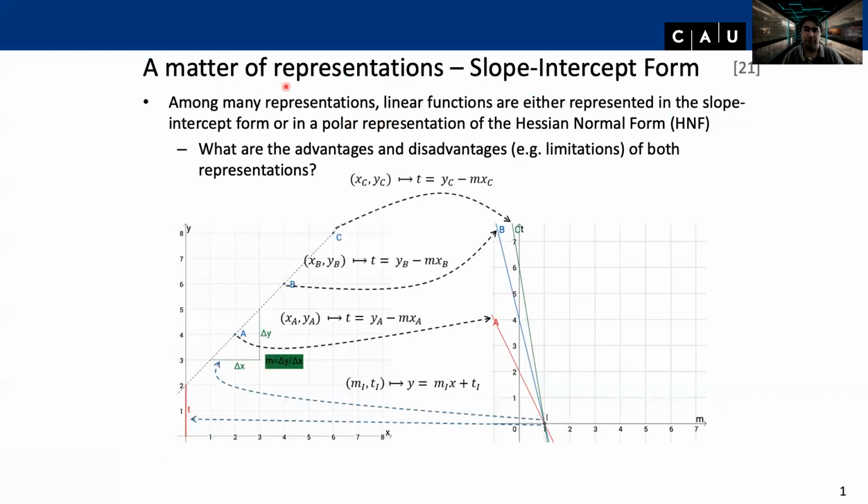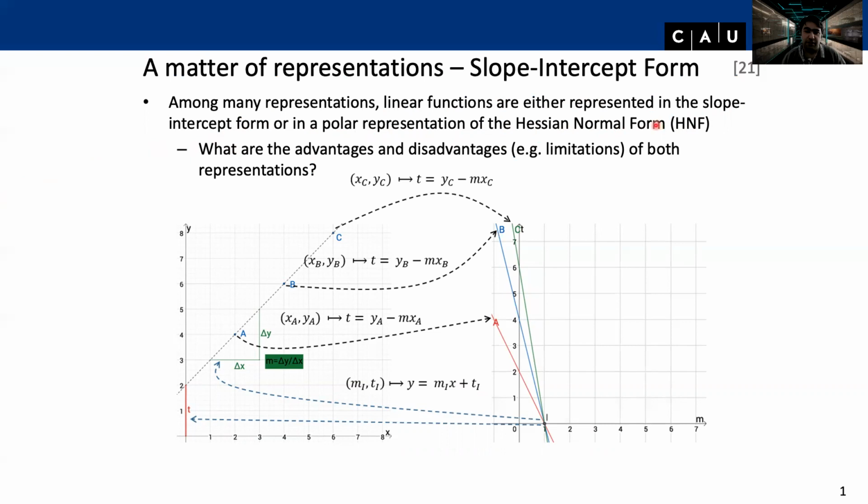So we've got here a matter of representations, the slope-intercept form. The slope-intercept form is probably the simplest, yet at the same time the one which comes with most of the issues. There are several ways to represent linear functions, and what we are dealing with here is the slope-intercept form, the polar form, the polar representation of the Hessian normal form, and the Hessian normal form.